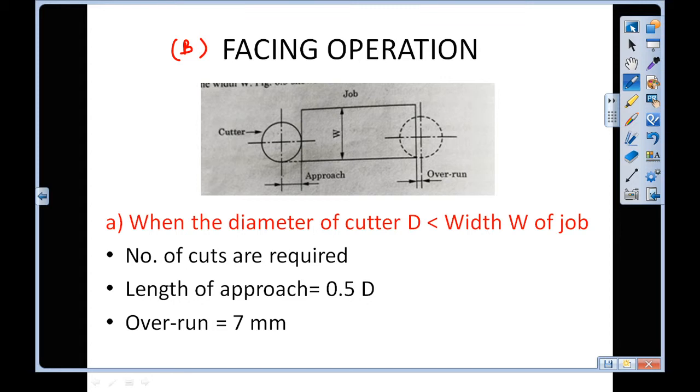When the diameter of the cutter is less than the width of the job, where this one is the diameter D of the cutter and this one is the width, then we have to take a number of cuts to finish the whole width of the workpiece. So the length of approach in this case we take as 0.5 D and overrun as 7.